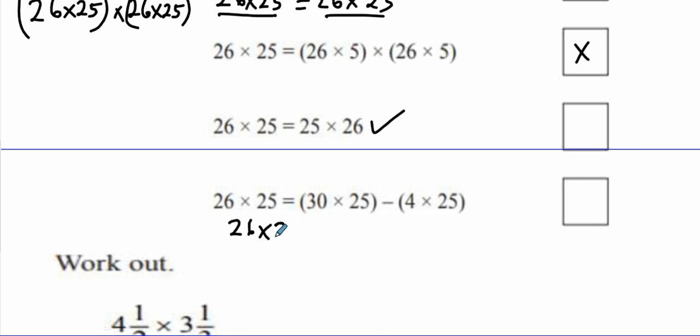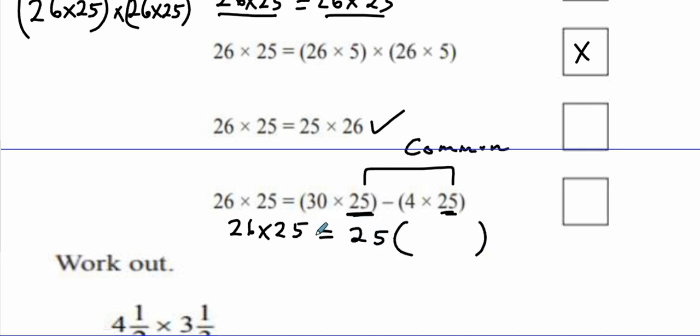26 times 25 equals 30 times 25, then minus 4 times 25. Okay, so 25 and 25 are common. It means that we take 25 out, outside the brackets. Then inside the brackets, you're going to have 30 minus 4.